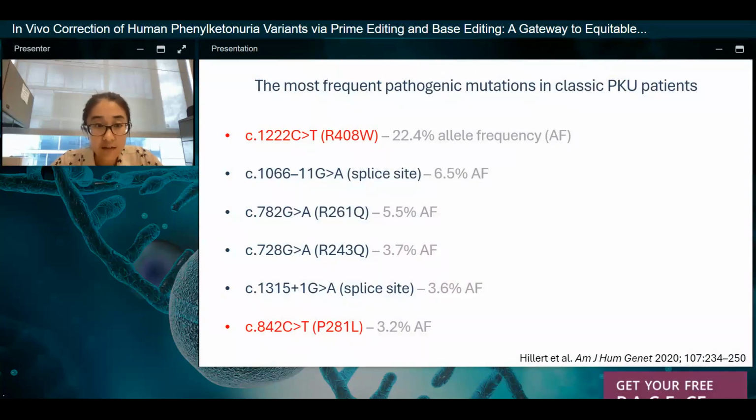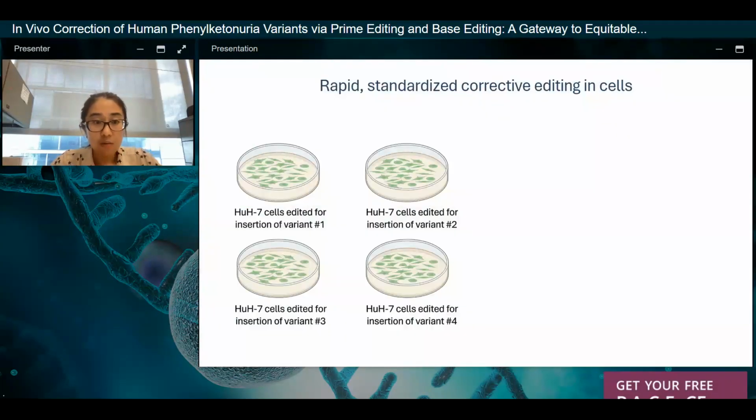Then how about other variants? So how do we rapidly develop an editing treatment for any PKU patients in need? First, we would need hepatocytes for each variant to screen base and prime editing solutions for the corrective editing.